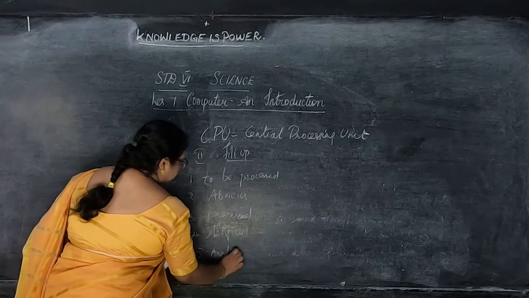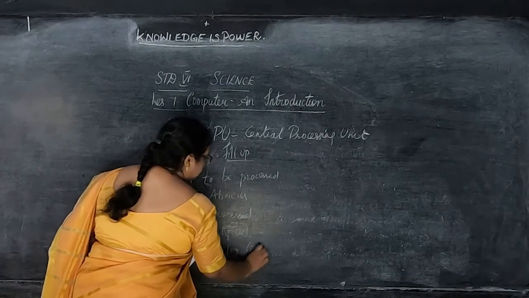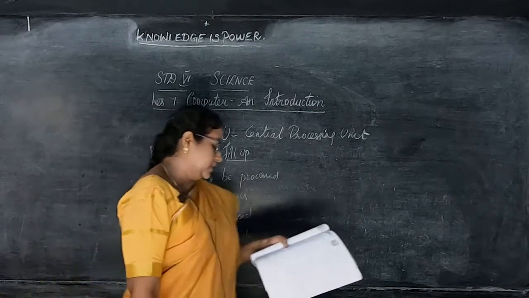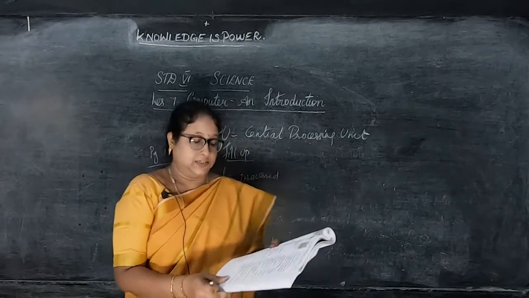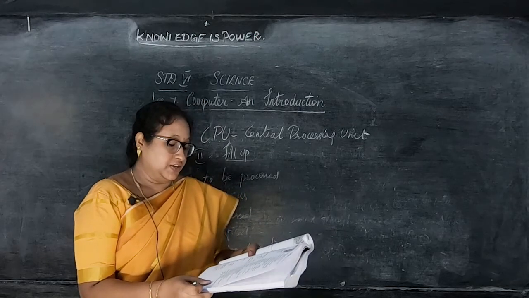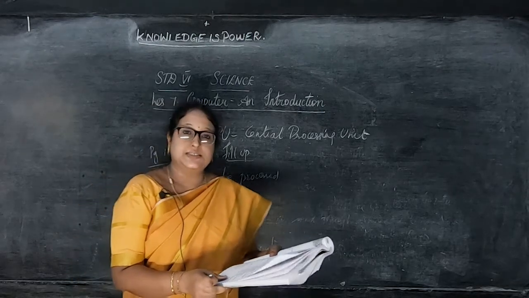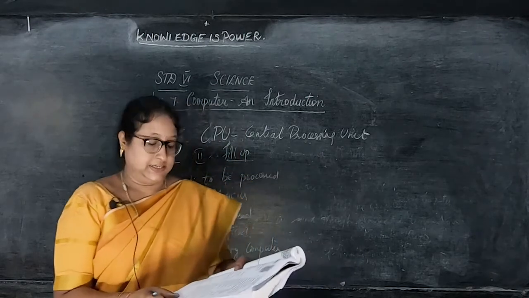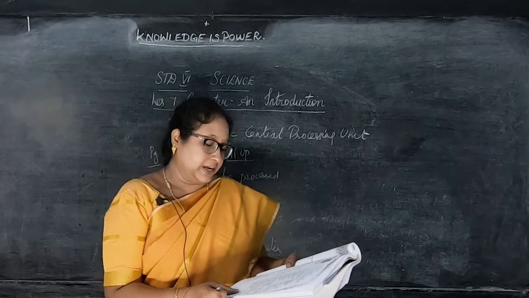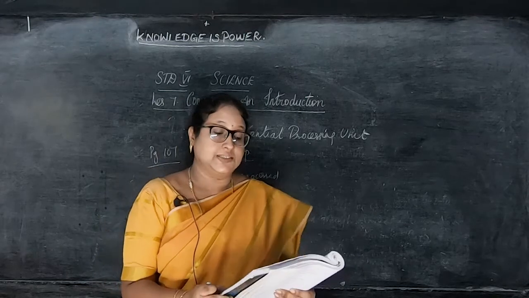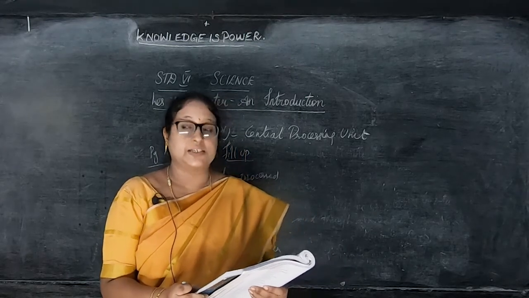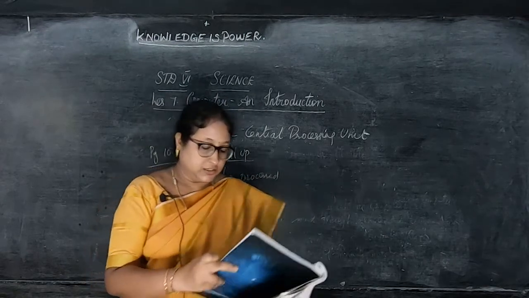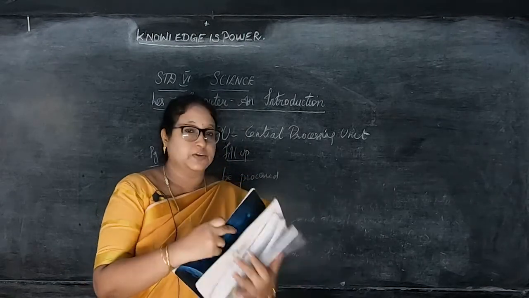Okay, children? So these are the five answers. Those who have the book, you can take down in your notebook. Once again, I'll say: first, data is to be processed information. The world's first general purpose computer is abacus. Information is processed data. Fifth generation computer has artificial intelligence. Analog computer is a device that uses index number. Okay, children. So by this we are finishing this lesson. Okay, thank you, children.